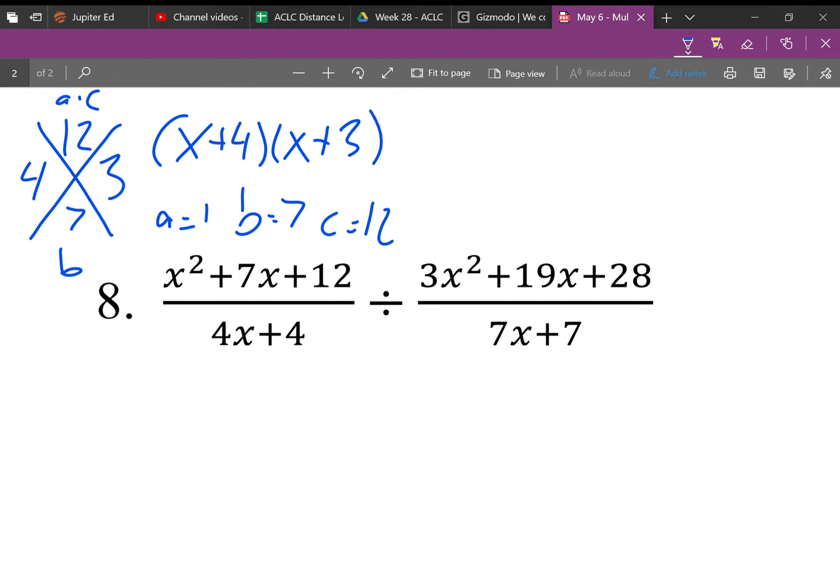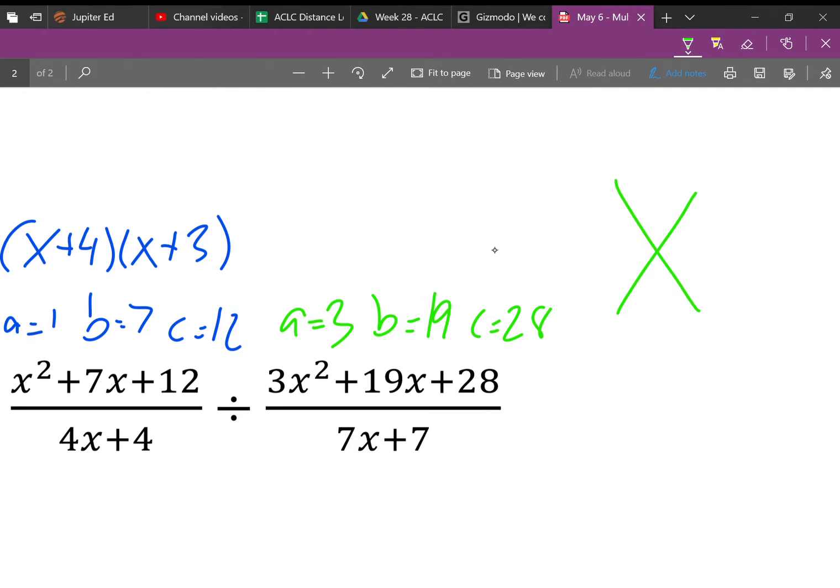Now over on the second rational expression, these are different colors, so you can see them apart. I have A is 3, B is 19, C is 28. So that's going to be what?